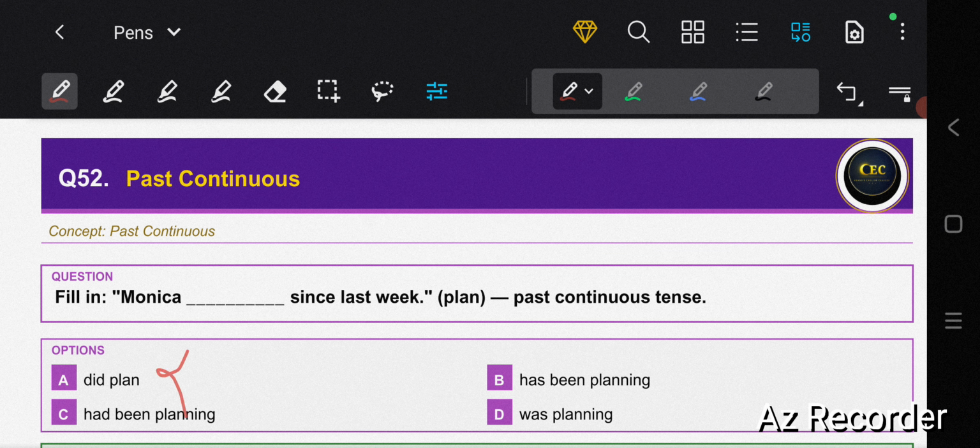Did plan is past indefinite. And has been planning is present perfect continuous, so this one is also wrong. Had been planning is past perfect continuous, so this one is also incorrect. So you got it: Monica was planning. This would be the suitable option for the question. So this is the correct answer.